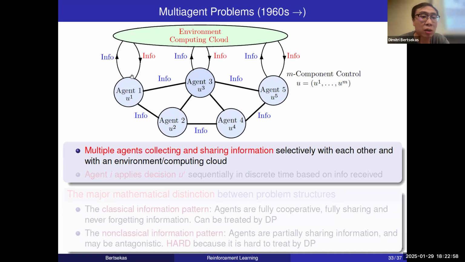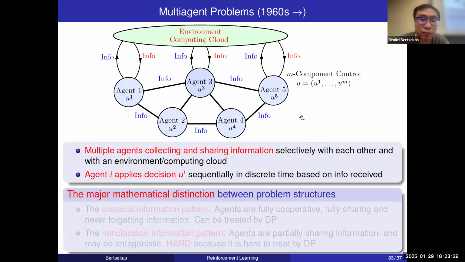And in this figure, some agents have access to and can receive information from the environment or the computing cloud where others cannot. And agent i applies decision u^i sequentially in discrete time based on the information it received. So at each stage, the entire control is composed of m components, each one associated with one agent.